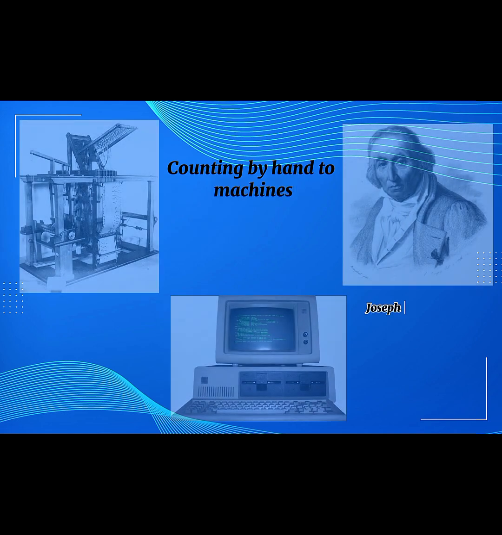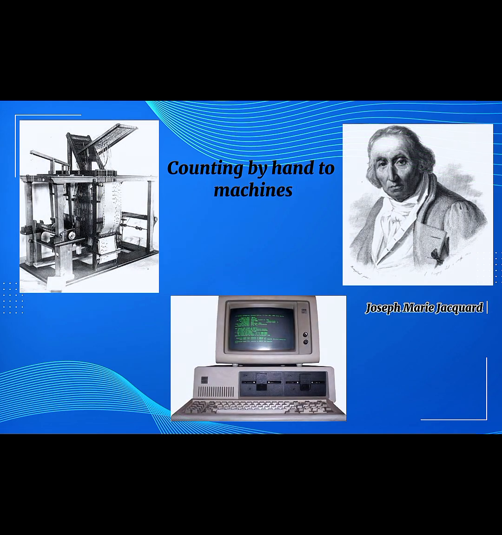From counting by hand to machines: historically, "computer" described people who performed complex calculations manually, often aided by tools like the abacus. In 1801, Joseph Marie Jacquard invented a loom that used punched wooden cards to weave fabric patterns, a breakthrough that laid the foundation for modern computers that later used punch cards for data input.